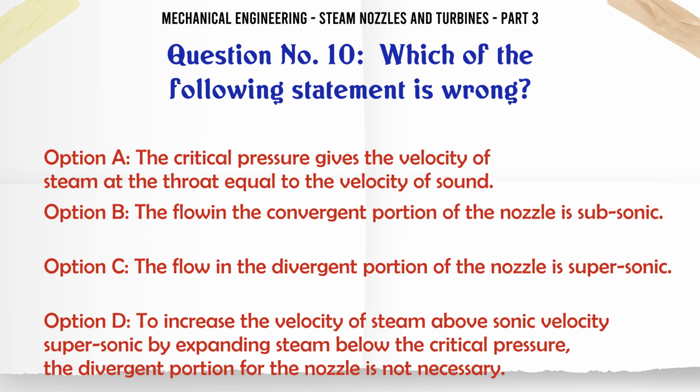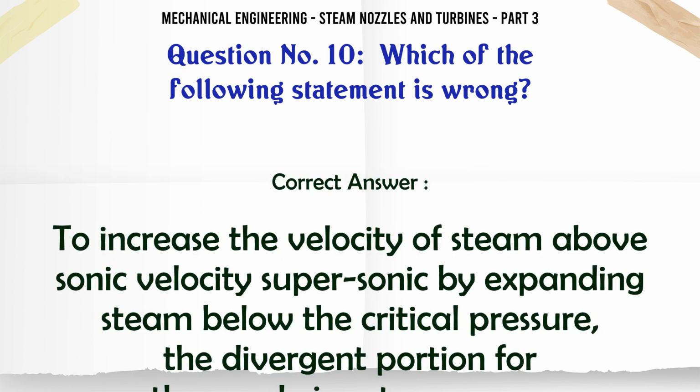D. To increase the velocity of steam above sonic velocity by expanding steam below the critical pressure, the divergent portion of the nozzle is not necessary. The correct answer is D: to increase the velocity of steam above sonic velocity by expanding steam below the critical pressure, the divergent portion of the nozzle is not necessary.